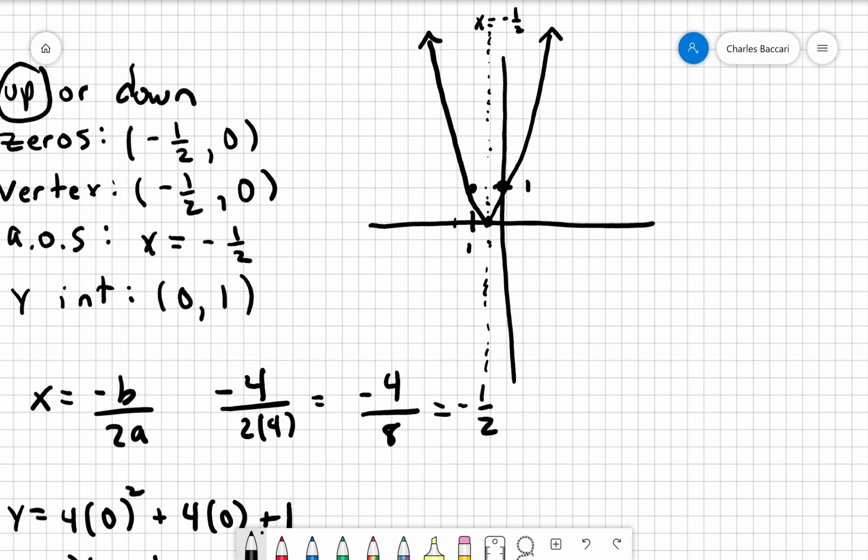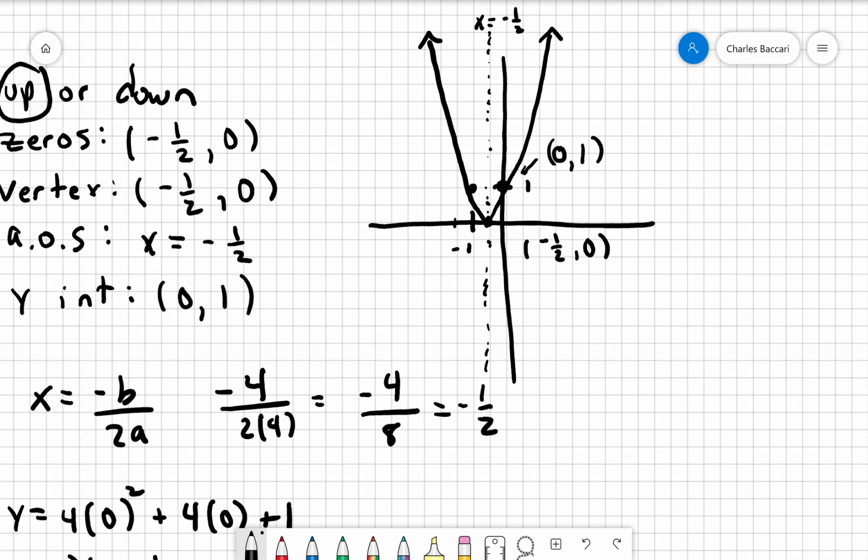And you can see that we have our x-intercept at negative 1/2, 0. This point here is 0, 1. At negative 1, no, I'm sorry, this was negative 1. At negative 1, 1, we have a point, and so on and so forth, if you wanted to find more.